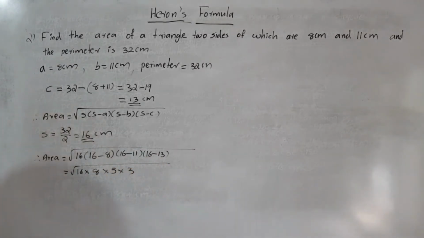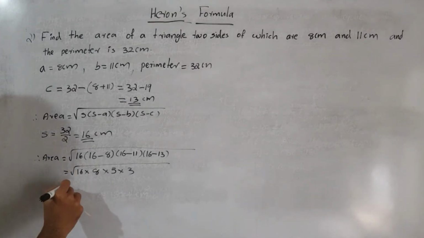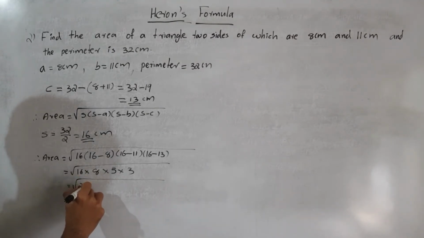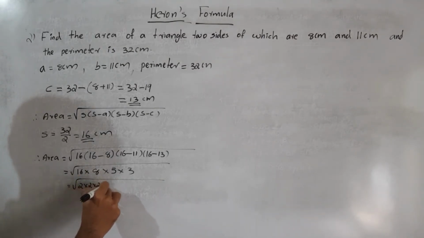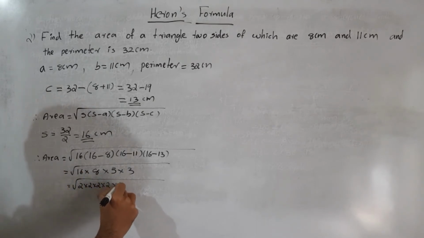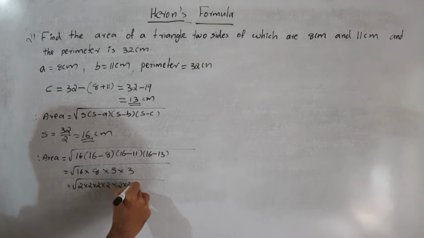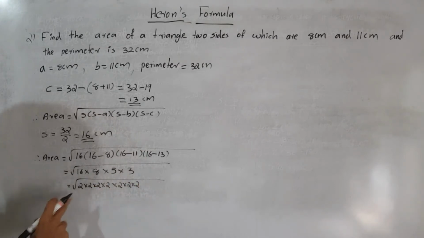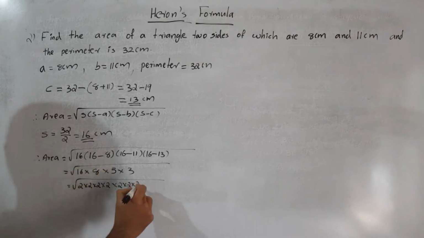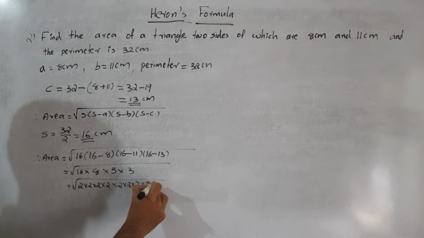Okay, then here we want to factorize only two things. What are they? 16 and 8. Then how to factorize? We know 16 is 2 into 2 into 2 into 2, and 8 is 2 into 2 into 2, into 5 into 3.